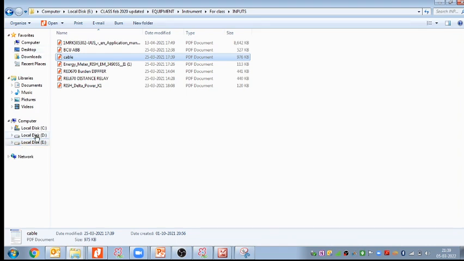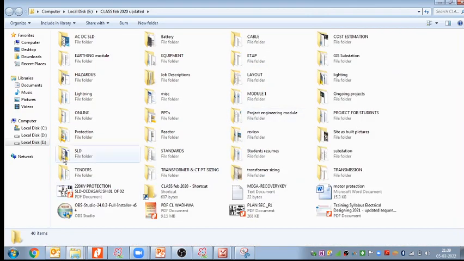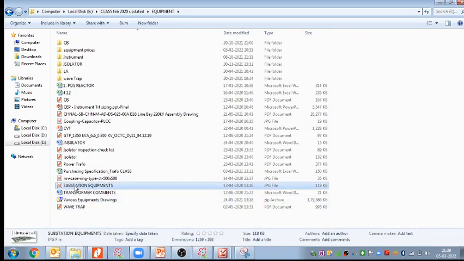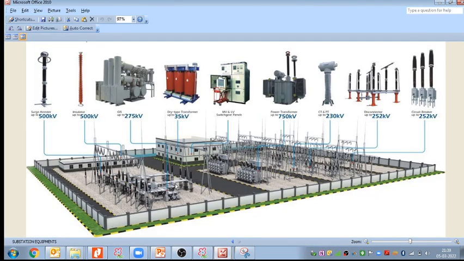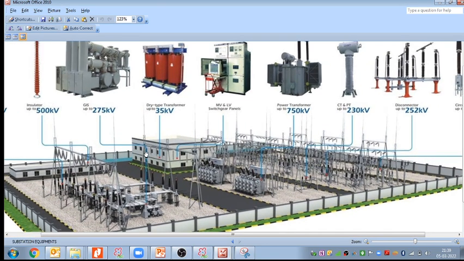Let me take any site picture, just equipment. Yeah, that we can see here. This is my building. Inside the building we are putting the panel, and in that panel we are putting the energy meters.